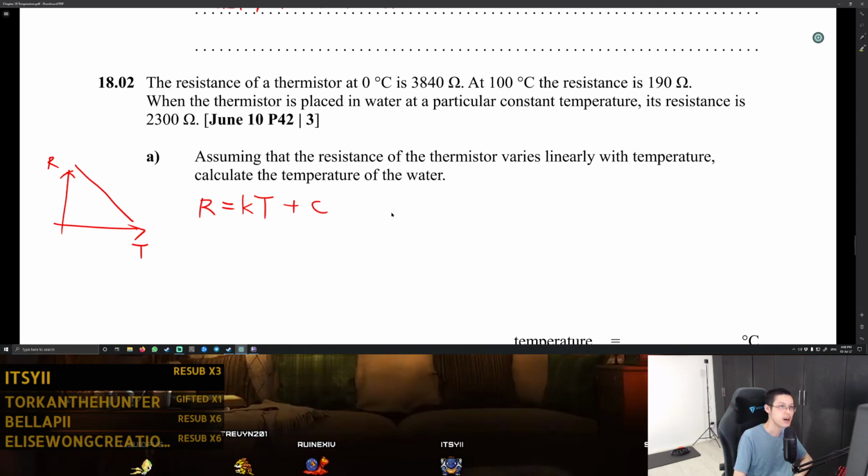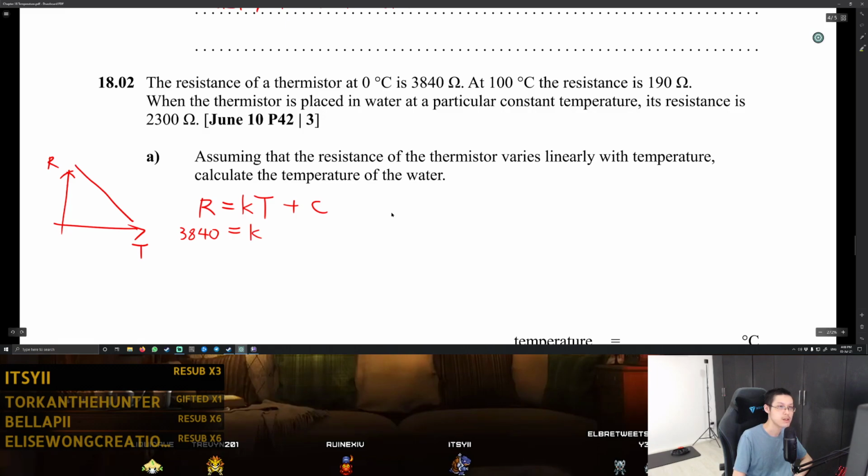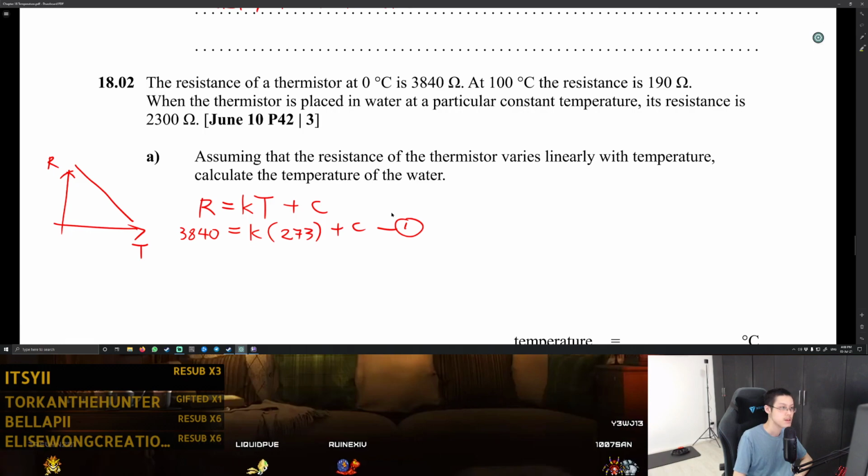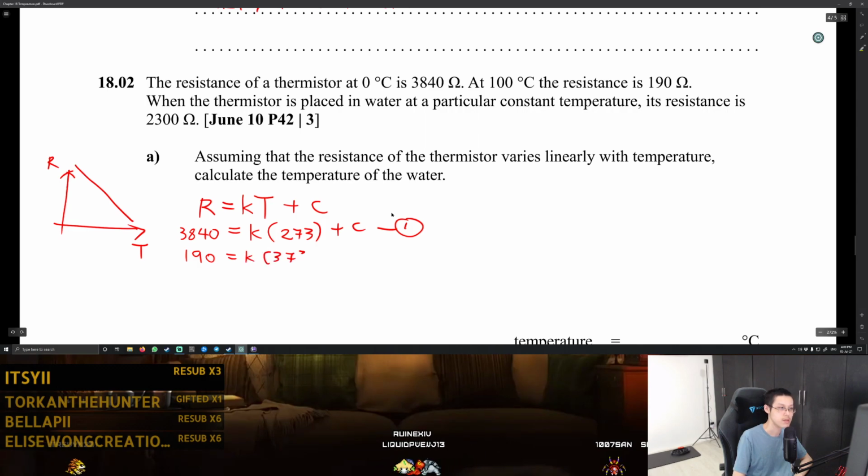So initially R is 3840. K is going to be some unknown. T is 273. C is another unknown. It's equation 1. We're going to do the same thing over here. We have 190 = K times 373 plus C. Equation 2.